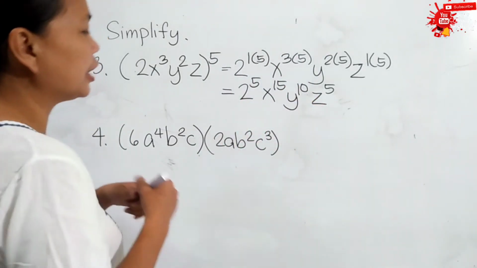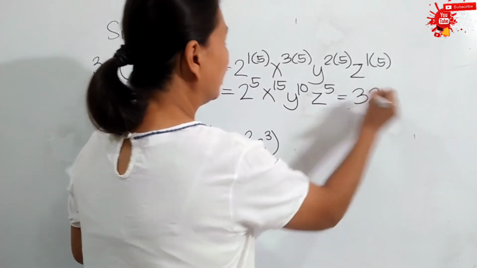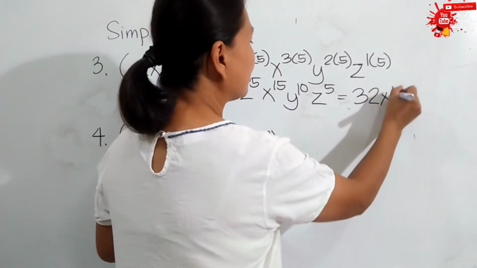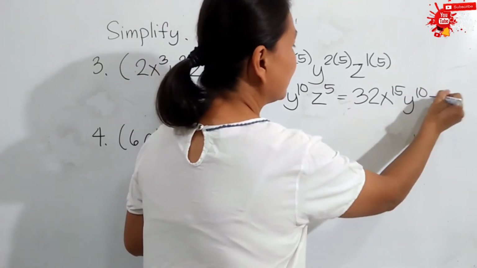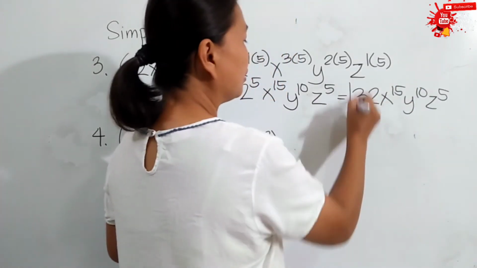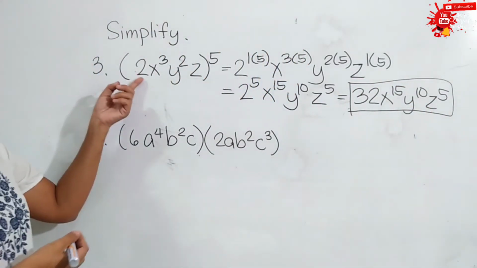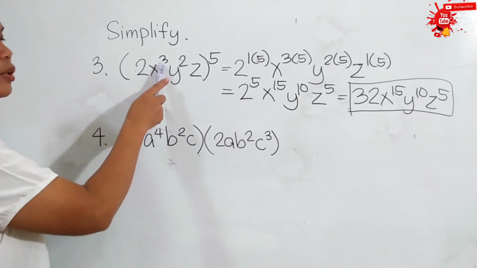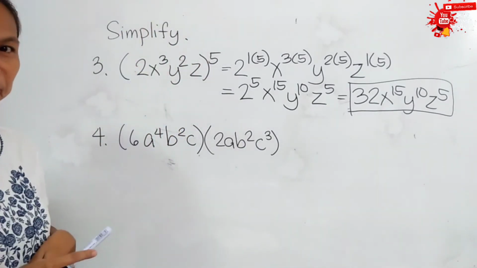So therefore, the numerical coefficient is equal to 32. Then we have x raised to 15, y raised to 10, z raised to 5. So this will be the simplified form of the quantity of 2x cubed y squared z raised to 5.